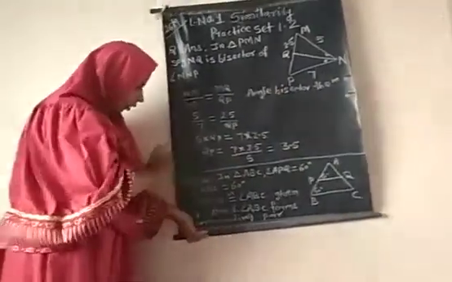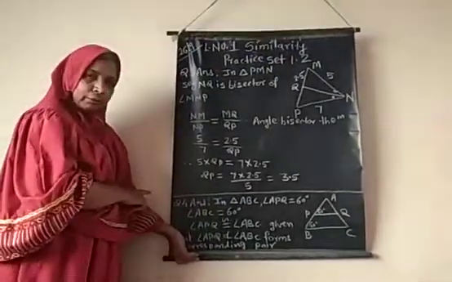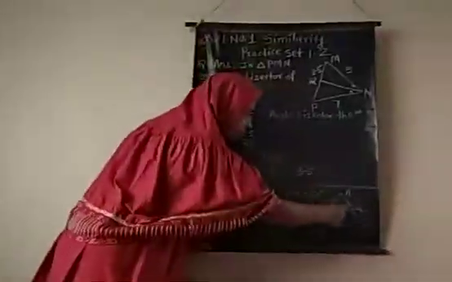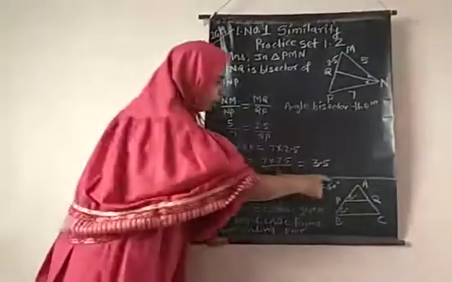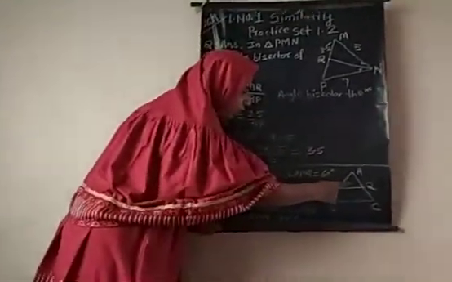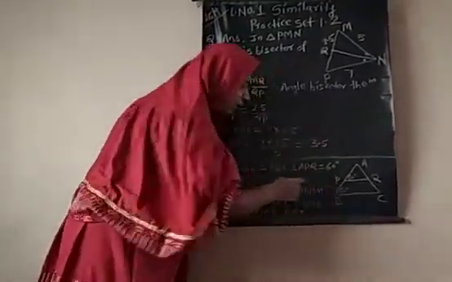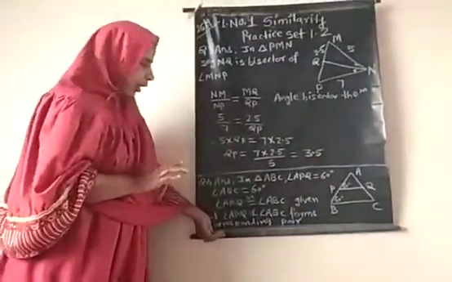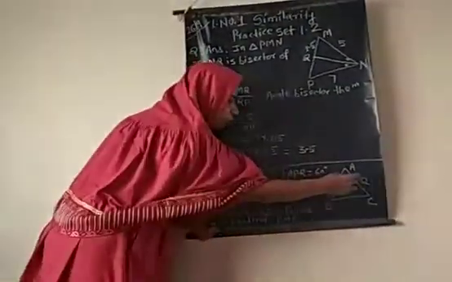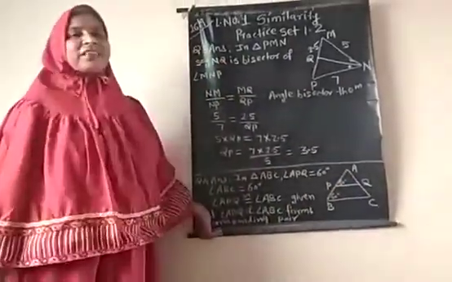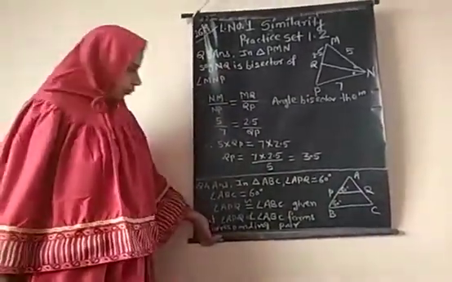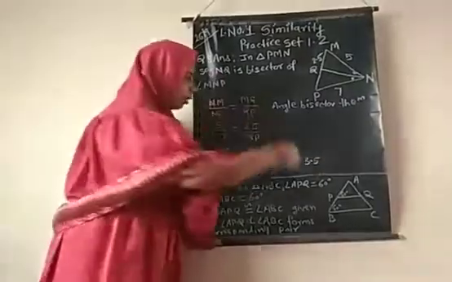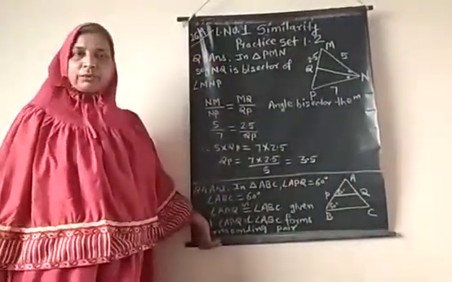Now, in question number 4, triangle ABC is given where angle APQ is 60 degrees and angle ABC is also given 60 degrees. This is the given part, and we are going to prove that these two sides PQ and BC are parallel, and then the ratios are equal.